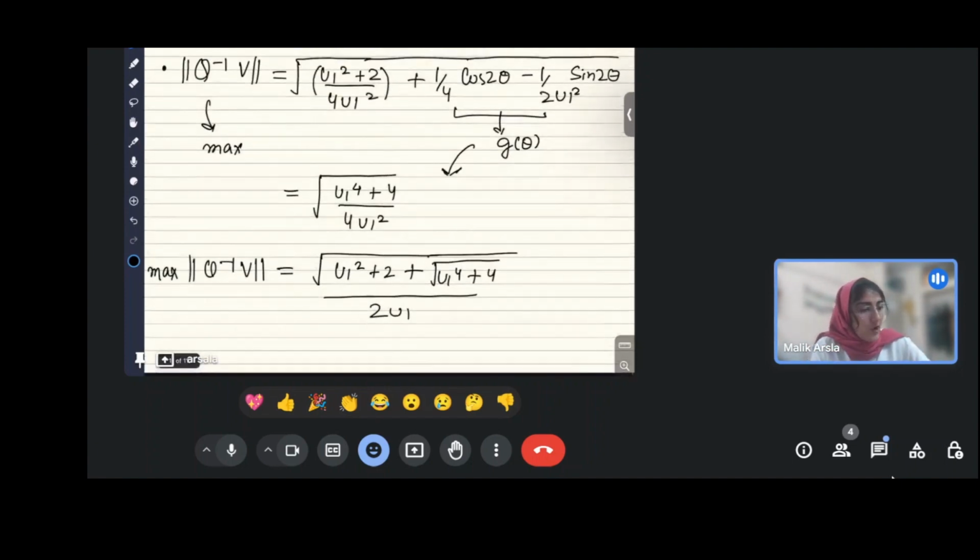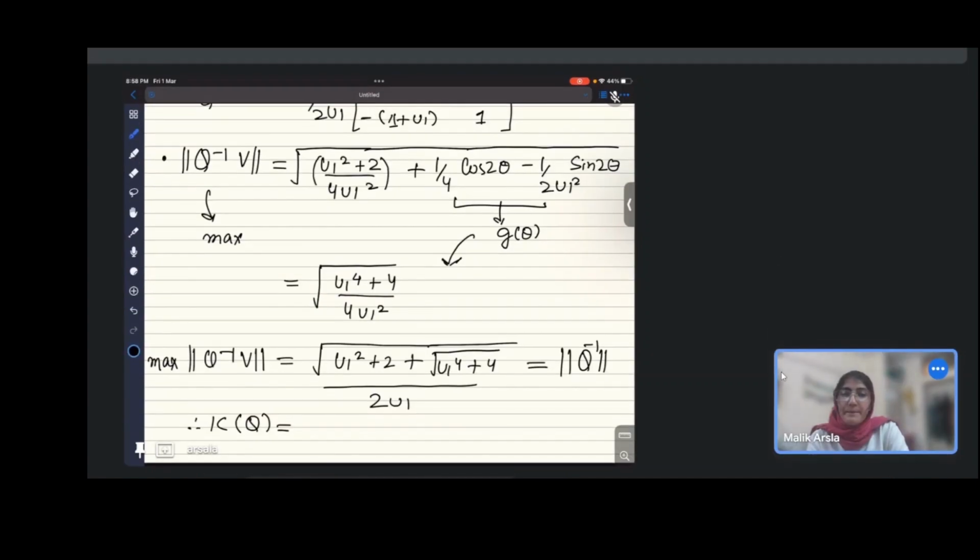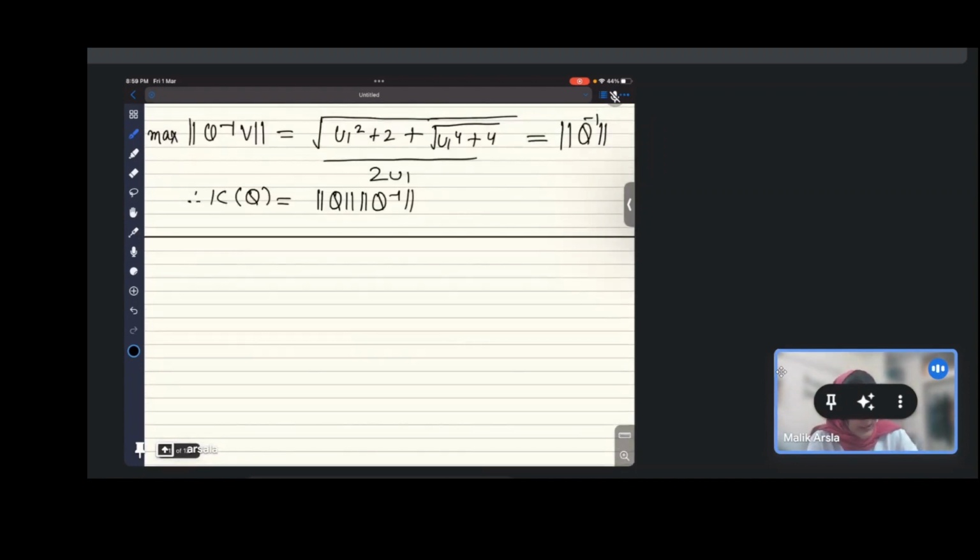Now since we have gotten this, which is nothing but the norm of q inverse, what is the next step? Finding the condition number. So what is the condition number? It will be norm of q into norm of q inverse. At least this you can calculate quickly.